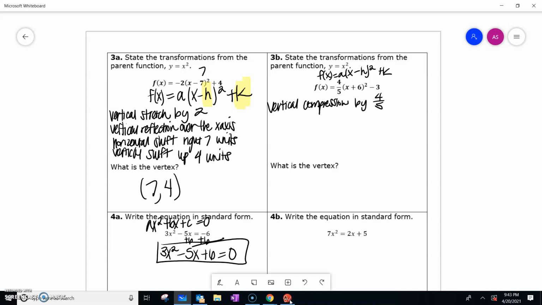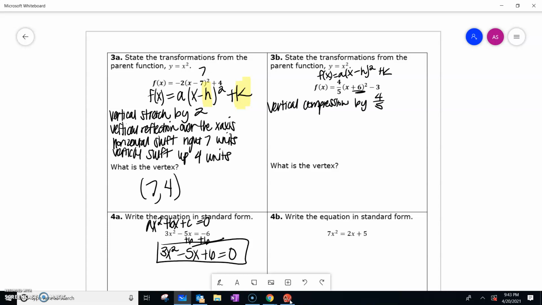My h is actually -6. Remember that formula is the opposite. So if I have +6, that means that I started with -6 and 2 negatives. You have to keep, change, flip, and that'll make a positive.